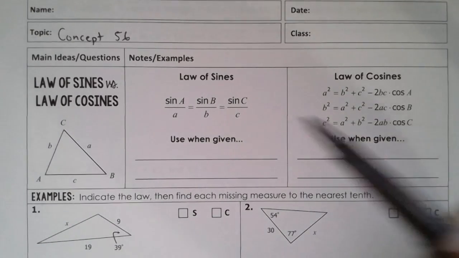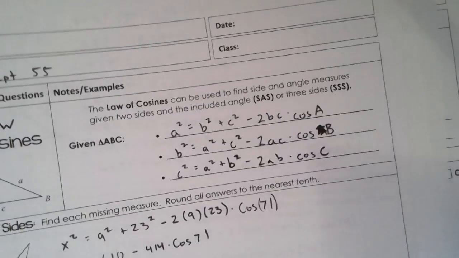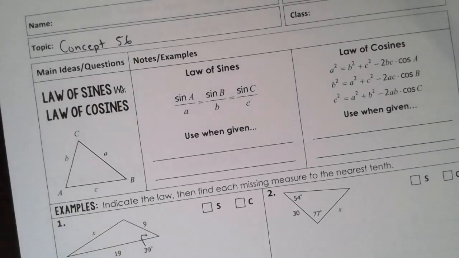So for law of sines, here's our formula here. When do you use law of sines? I'm pulling this information from our previous notes, right? If you remember in the beginning, they tell us when to use law of sines and when to use law of cosines, right? What type of triangles we have.